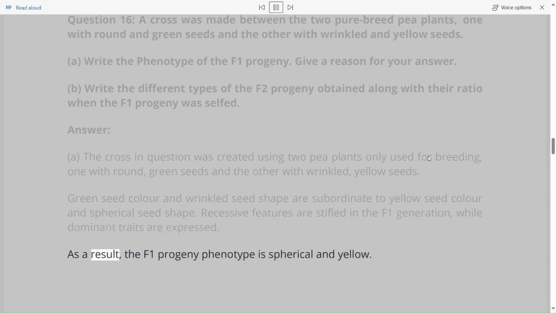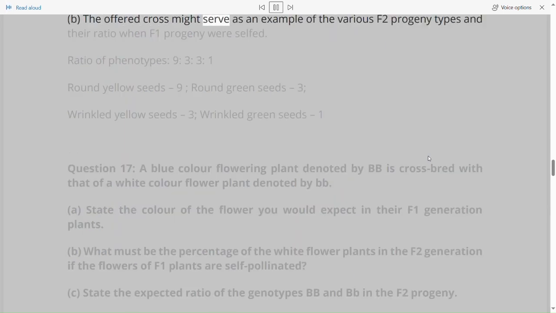As a result, the F1 progeny phenotype is round and yellow. B. The given cross shows the various F2 progeny types and their ratio when F1 progeny were selfed. Ratio of phenotypes, 9:3:3:1: round yellow seeds, 9; round green seeds, 3; wrinkled yellow seeds, 3; wrinkled green seeds, 1.